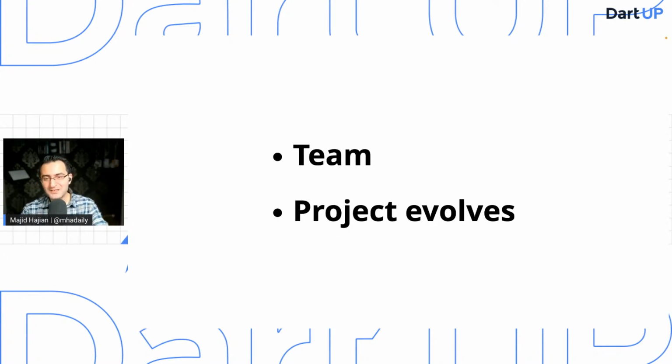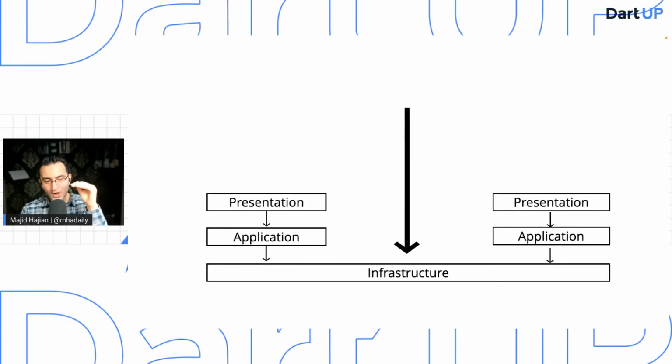But the fact here that I want to tell you is that architecting your application and separation of concerns is way more important than choosing a state management, in my opinion. The reason is that when you have, for example, a layered architecture, you know that you have a presentation layer, you have an infrastructure or data layer, and you have an application layer, right?